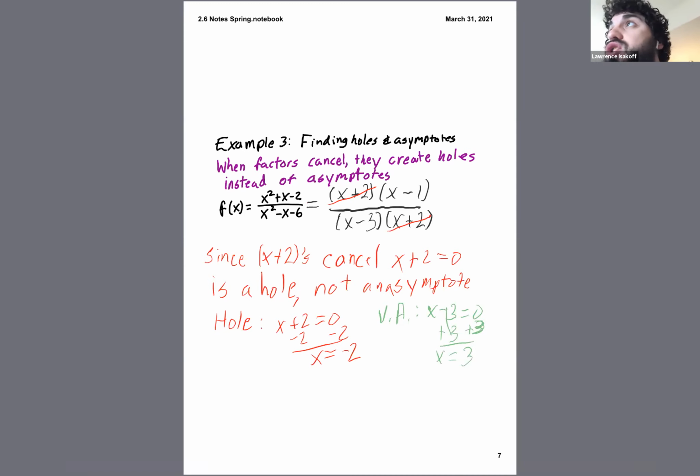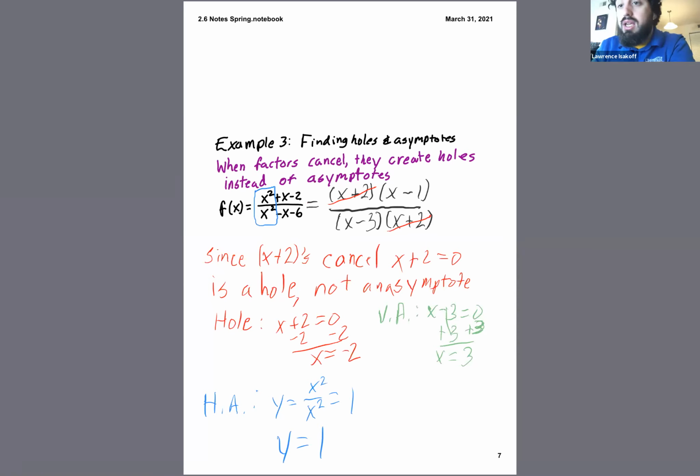So negative 2 is a hole where positive 3 is an asymptote. And then finally, I'm going to look at my horizontal asymptote. Just going to look at the leading part of this. So that's like y equals x squared over x squared. This would just cancel to 1. So that is y equals 1.